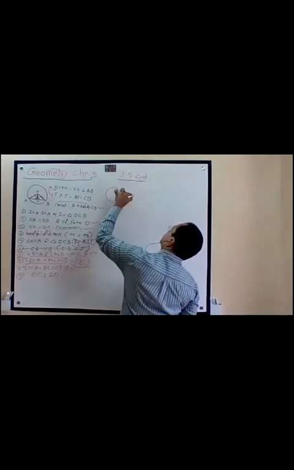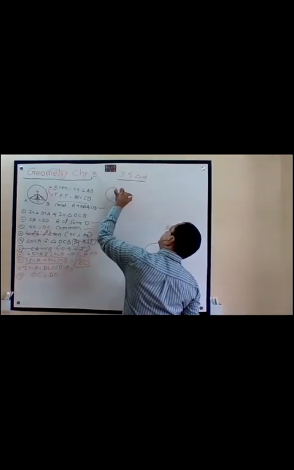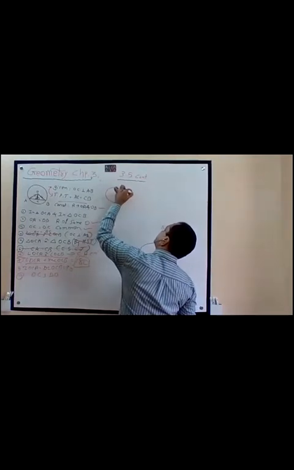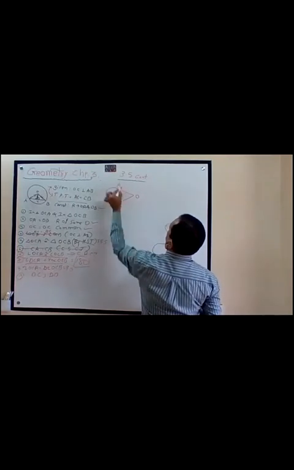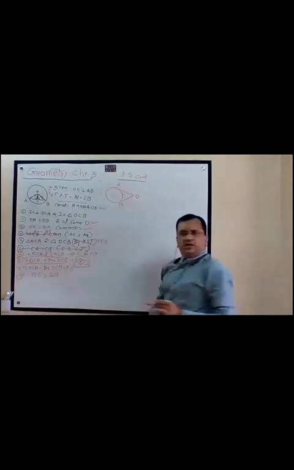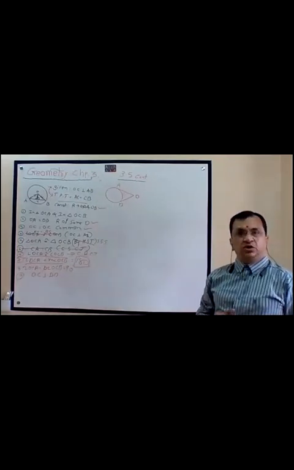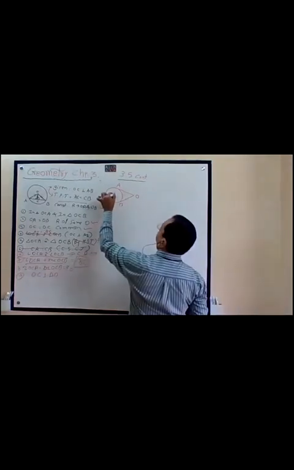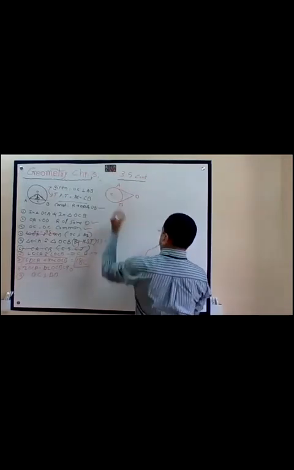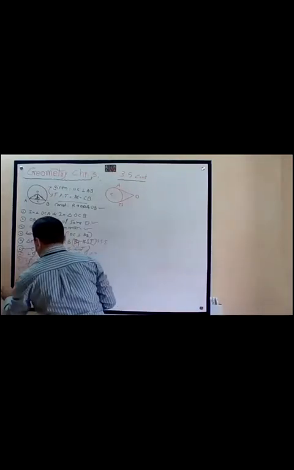From the outside point, two tangent segments. So OA and OB are two tangents. We have to prove that both are congruent. So take this T.